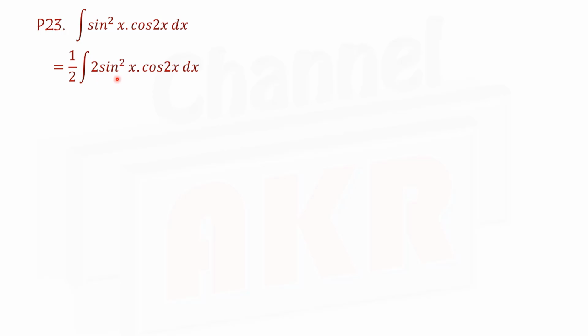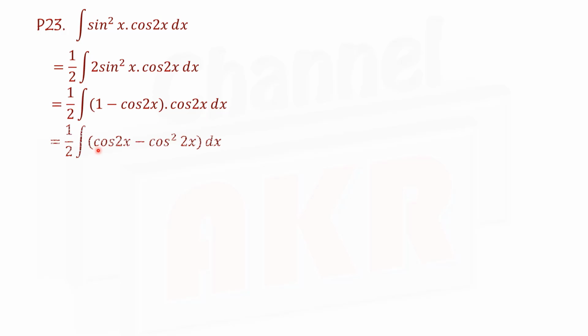So we know 2 sin square x is actually 1 minus cos 2x. Then the other portion is, okay, multiply cos 2x. Then we got cos 2x minus cos square 2x.